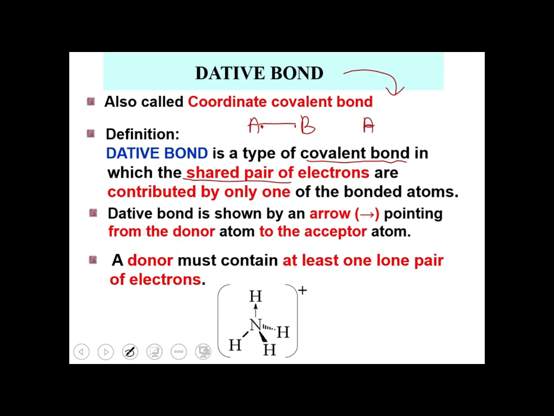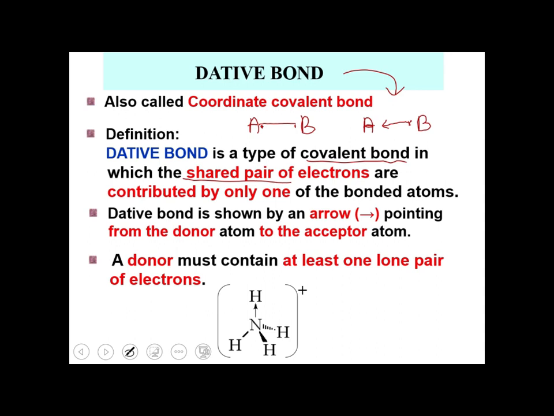A is just A. B will have both electrons. Okay, so the pair of electrons comes from only one atom, so B shares the electrons with A. So this is what you call a dative bond. They are sharing, but only one gives the electrons. Only one atom shares the electrons, the other just waits for it.